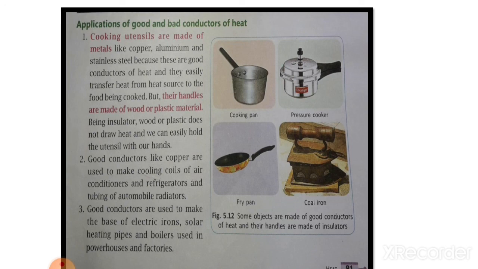Roofs of some houses are made up of asbestos sheets or clay tiles as they are bad conductors of heat, and they protect the houses from being hot in summer and cold in winter. So these are the applications of good and bad conductors of heat. You can go through the textbook and study all the points.